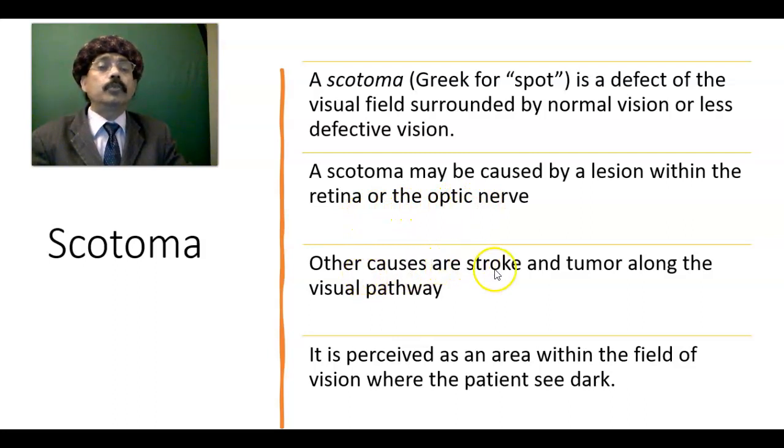Other causes are stroke, like cerebrovascular accident, and tumor along the visual pathway. It is perceived as an area within the field of vision where the patient sees dark.